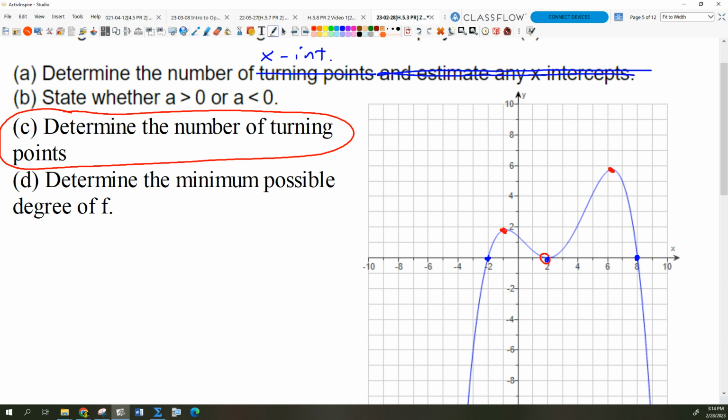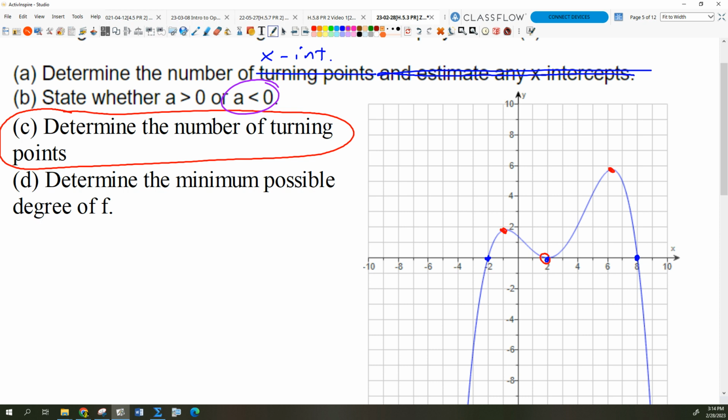Okay, is A positive or negative? Thumbs up positive, thumbs down negative. Leading coefficient. Okay. How come, Hallie, you're right? What kind of behavior is that? Negative even, right? So we know that's true.